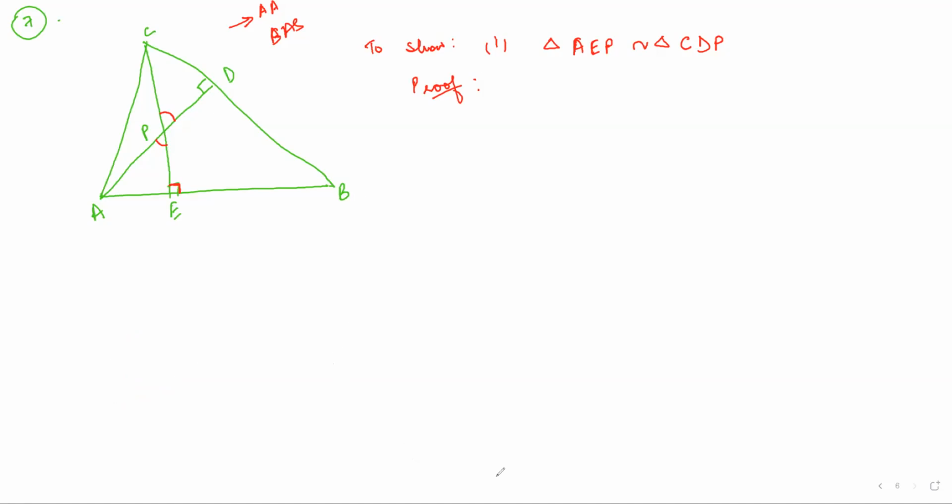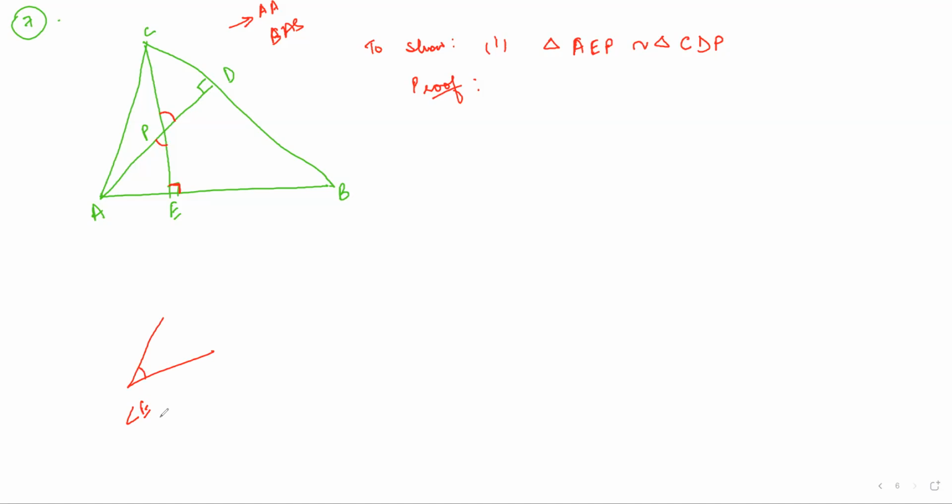Yes, Abdullah, you say something here. Just look at the given condition, altitude. That means some angle is 90 degrees here. Which angle is 90 degrees in both the triangles? E. Is this the correct way of writing? If you have an angle at the vertex, then it's okay, you write it E. Clear?